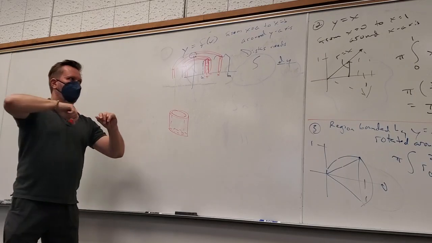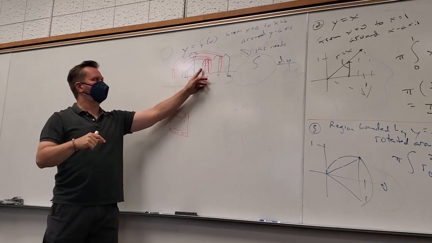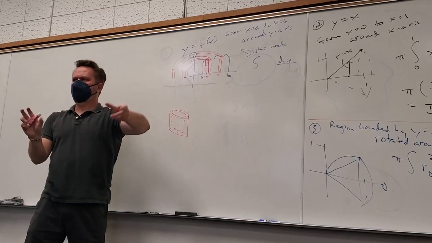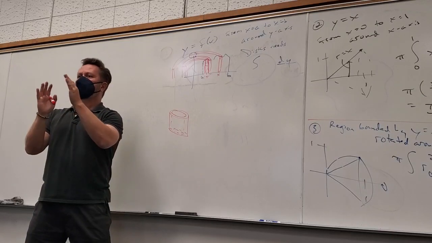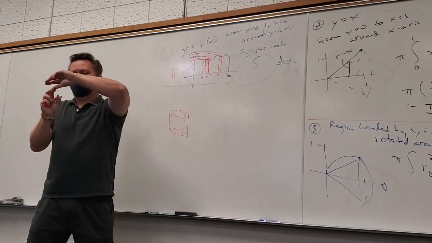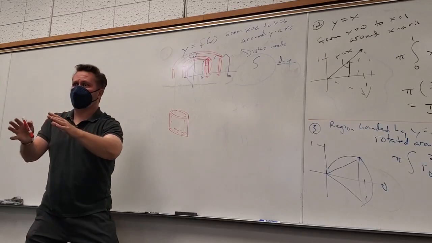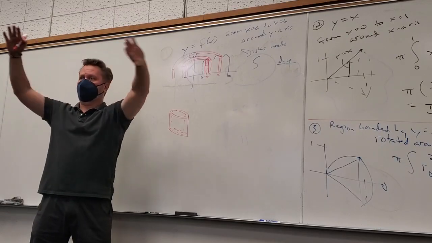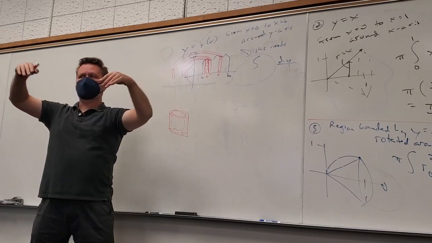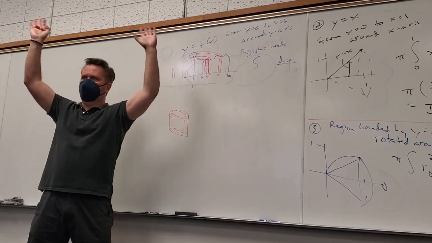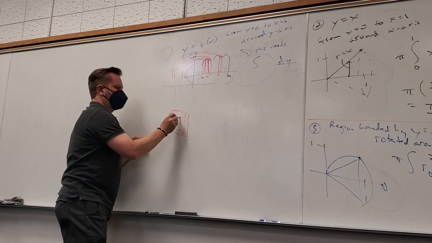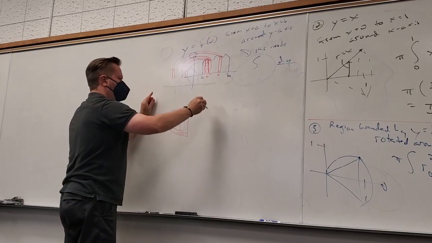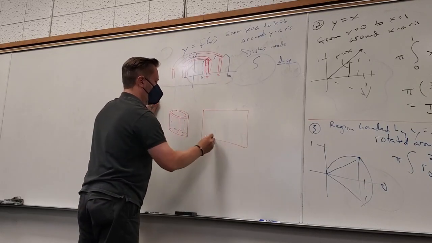Now I want to do the same thing, but I want to add up every single shell volume. So don't I have to first figure out what the volume of a cylindrical shell is by itself, so then I can write an expression so I can add them all up? Disks was easy, pi r squared. Right? I don't know if you guys remember, if I cut this thing in half and open it up, it'll look like this.